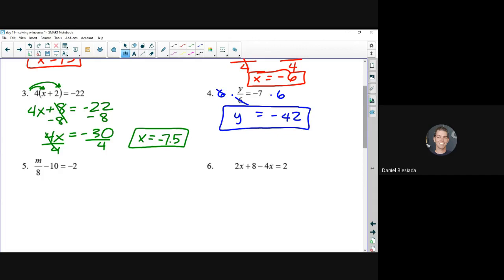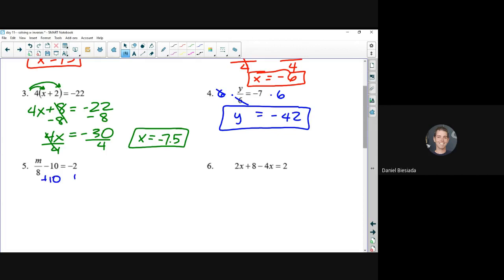We'll look at 2 more and then wrap things up here. With number 5, we have m divided by 8 minus 10 equals negative 2. Now, in terms of what operation should happen first, I always try to think, what's farthest away from the variable? The dividing 8 is directly underneath the m, so I'll have to deal with that at the end. So the first thing we'll do in number 5 is counteract the minus 10 using the inverse, which is addition.